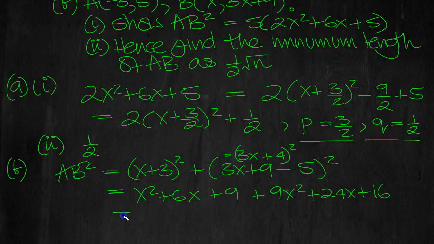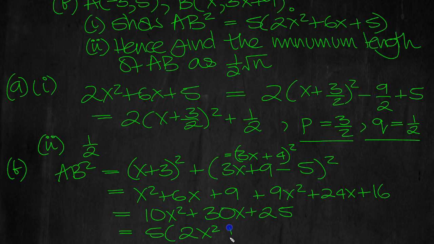Okay, so that equals then x squared plus 9 is 10 x squareds. 6 plus 24 is 30 x's. 9 plus 16 is 25. So we can take out a 5 common, can't we? And then that's 2x squareds plus 6x plus 5. And that's AB squared, which is what we wanted to show.